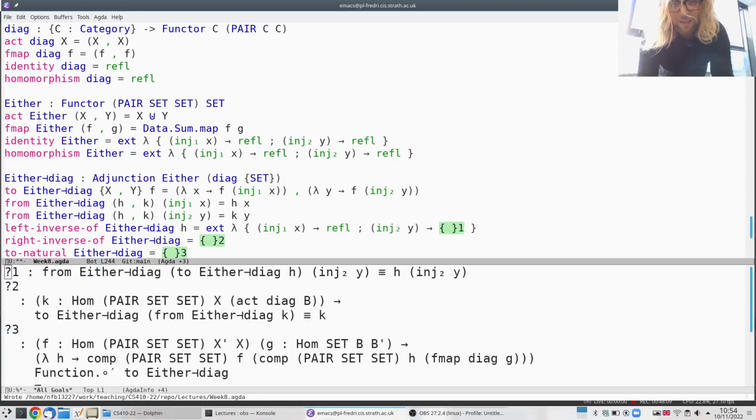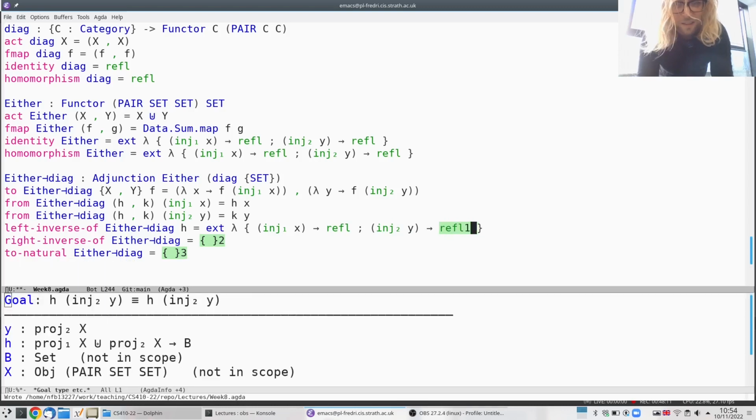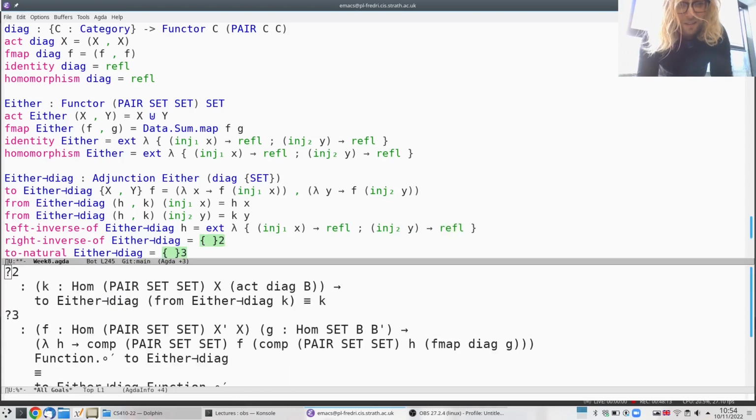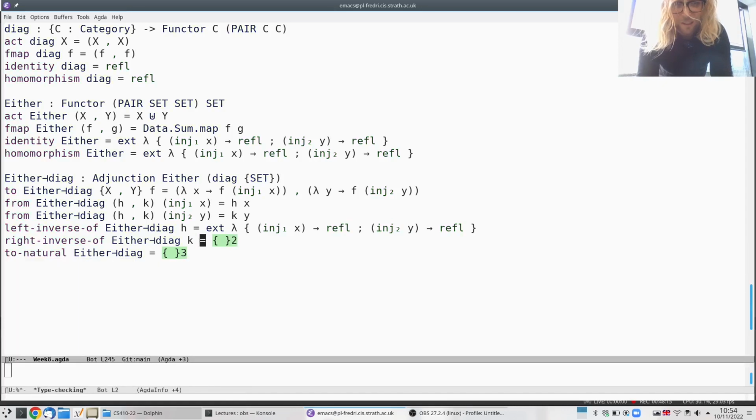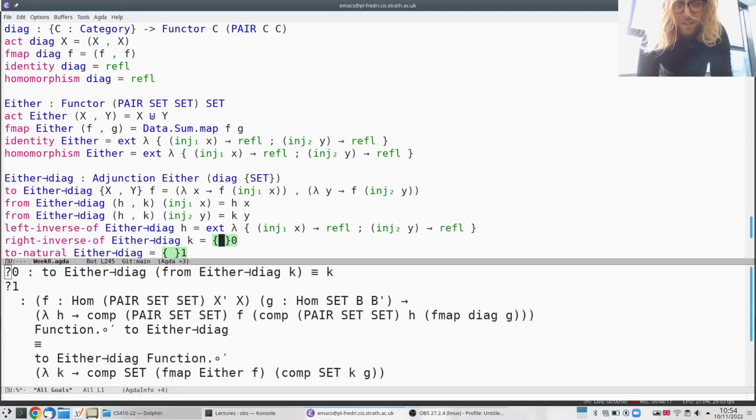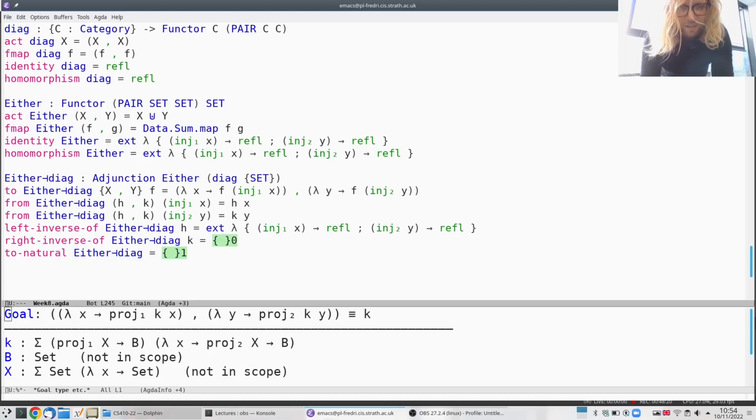Okay, that's okay. And that's okay, right? And here is going to be the same thing. Right, except this is actually an f and a g, right?